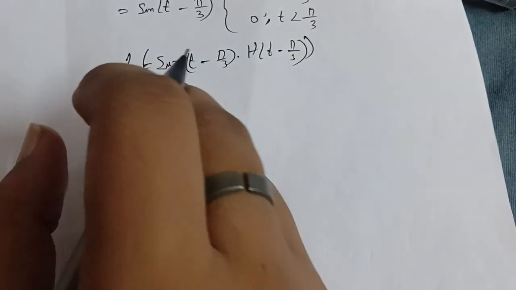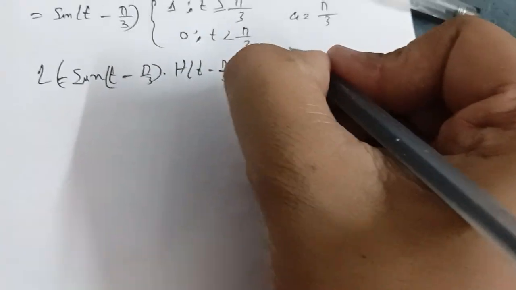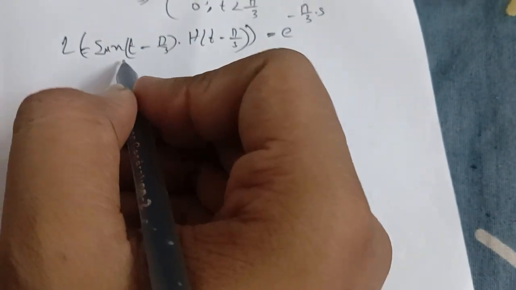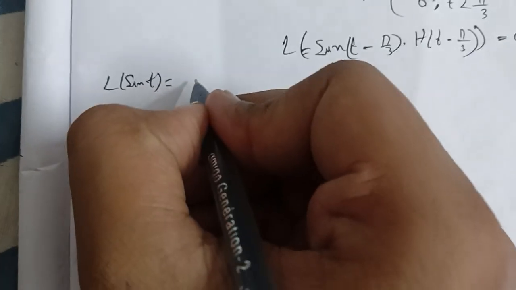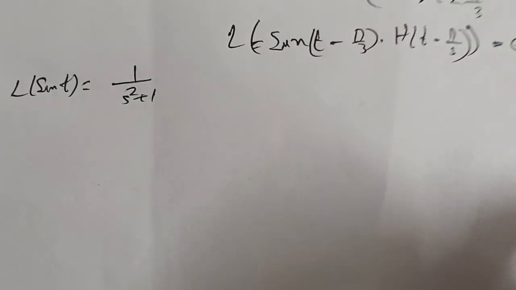The Laplace of f of t minus a times h of t minus a is equal to e to the power minus a s times F of s. Here a is pi by 3, so it will be e to the power minus pi by 3 times s, and F of s is the Laplace of f of t. Here f of t is sin t, and the Laplace of sin t is 1 by s squared plus 1, because in our first lecture we did that the Laplace of sin a t is a by s squared plus a squared.